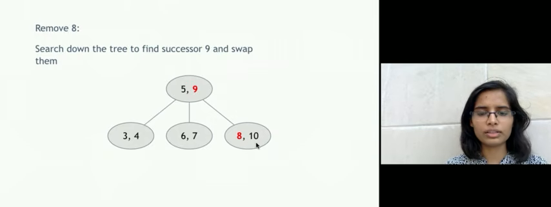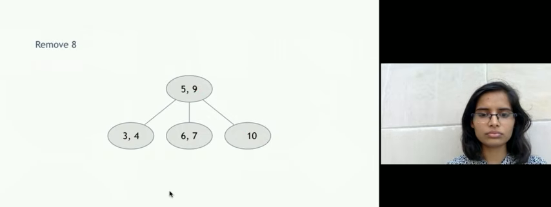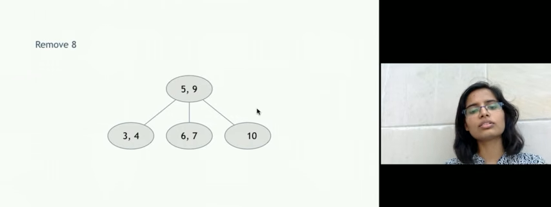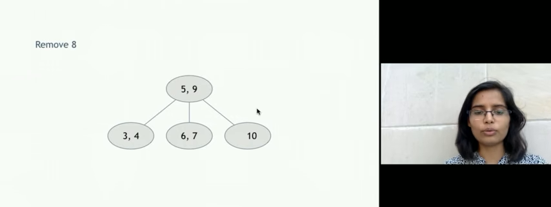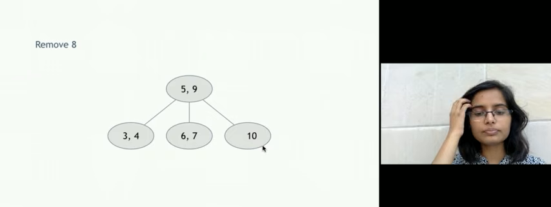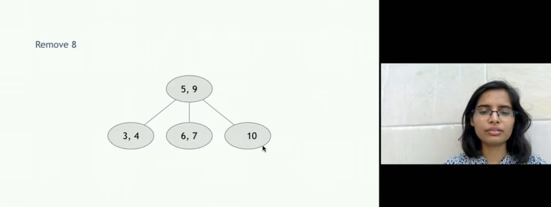So here the number of values becomes 2 and we can easily remove it, like case 0. So we just removed 8. This is the tree we get after removing 8. On summarizing, I'd say search for the element, then remember the position of it, search for its successor, swap the elements, and then remove it if the number of values in that node is 2 or 3.